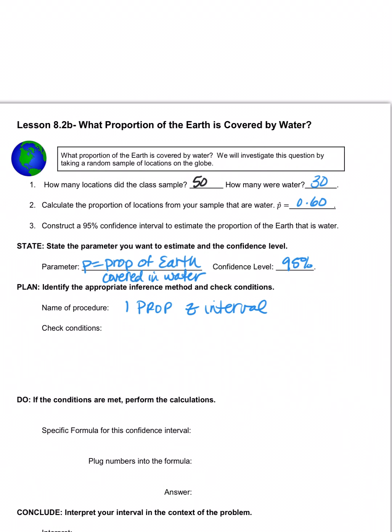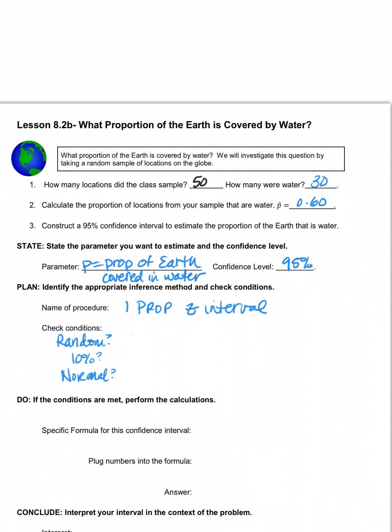Okay? Checking the conditions. We kind of revisited these yesterday. Do you remember what the conditions were? Okay, random was the first one. What was the next one? 10% condition, and then what was the third? Large counts. And the purpose of that is to know, is it normal? Okay, so let's revisit. Was our sample random?